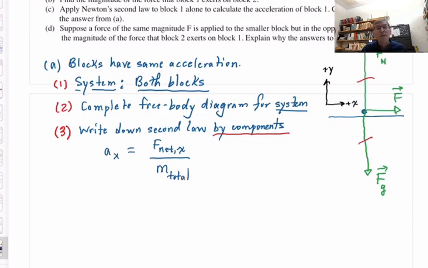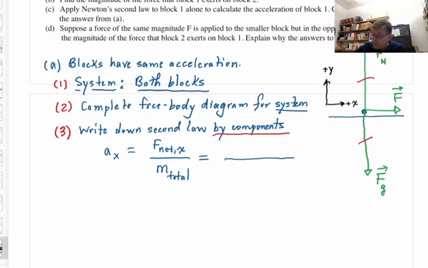Okay? I want to see an expression like that written in your work, that you are explicitly starting from Newton's second law for a particular component, in this case x. Now all you have to do next is fill in with symbols what you know about F net x and M total. For F net x, you've got to add up all the x forces.